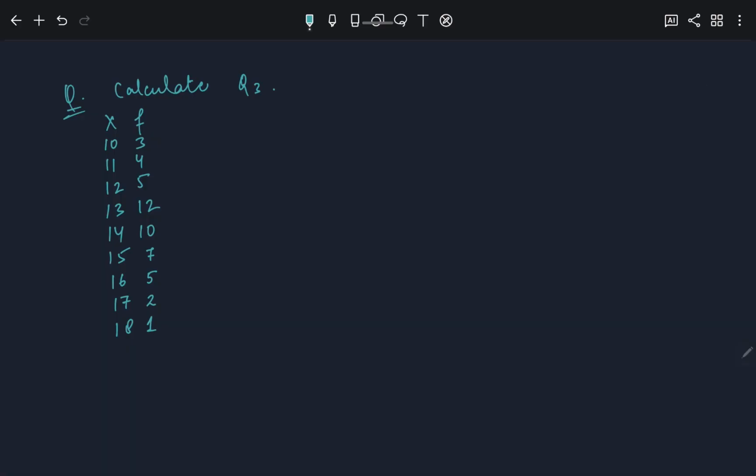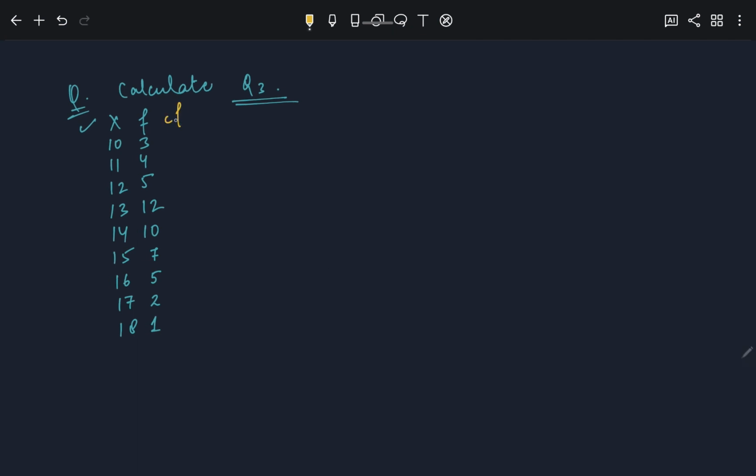So we have a question here. We have to calculate Q3 and our X series is given and F is given. As we already know, in discrete series we always have to calculate the cumulative frequency. So 3 plus 4 is 7, 7 plus 5 is 12, 12 plus 12 is 24, 24 plus 10 is 34, 34 plus 7 is 41, 41 plus 5 is 46, 46 plus 2 is 48, and 1 is 49.